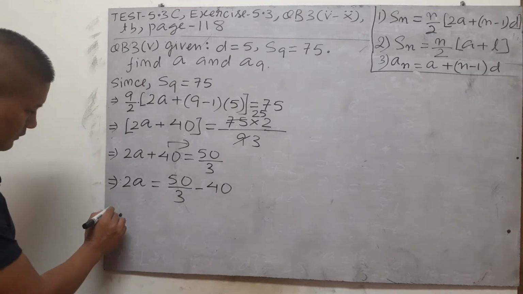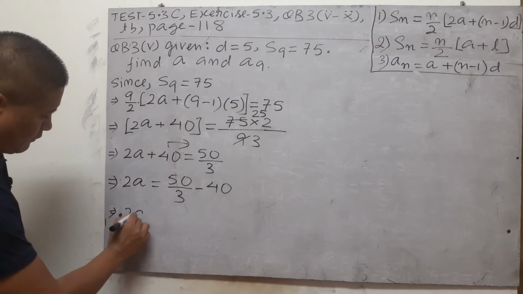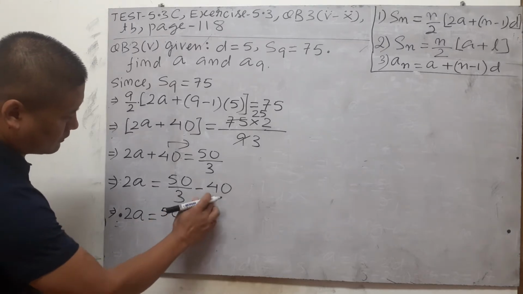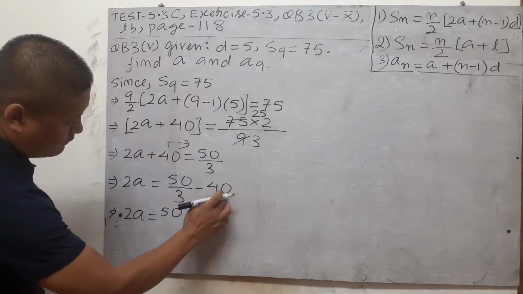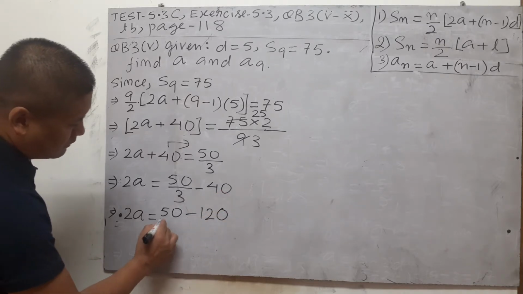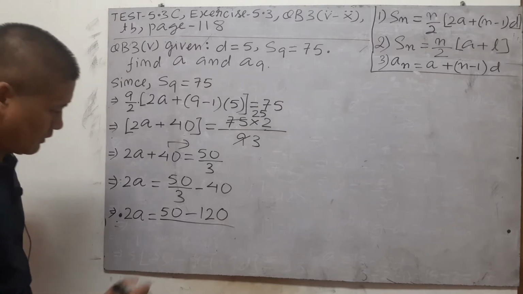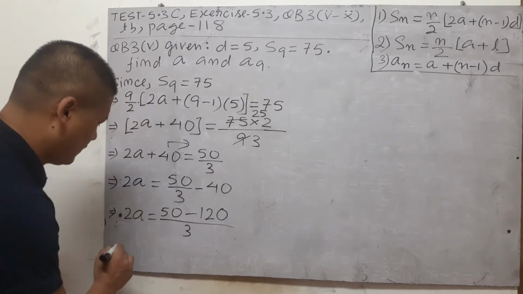I hope you're getting it. So that gives 2a is equal to 50 minus 3 4s are 12, then 1 0 is there, so put it back, 120, divided by the LCM down here, which is 3.